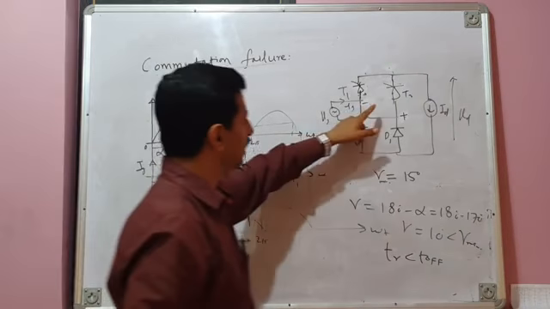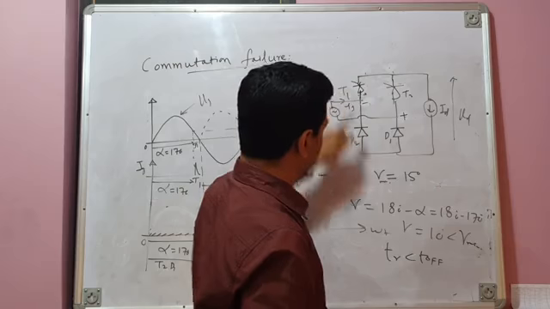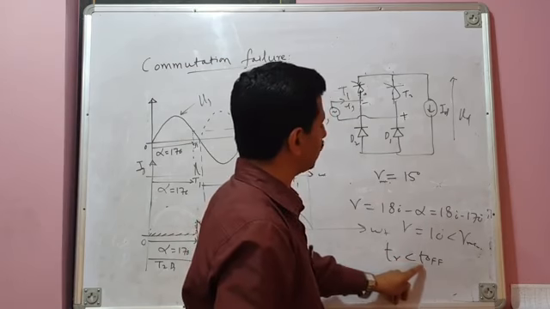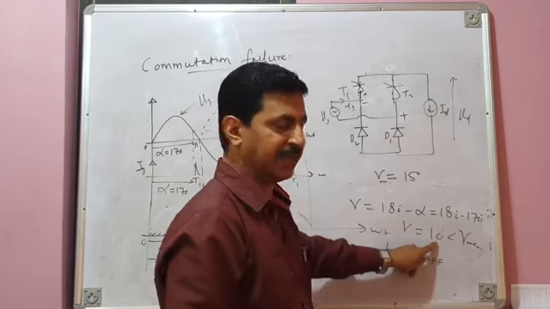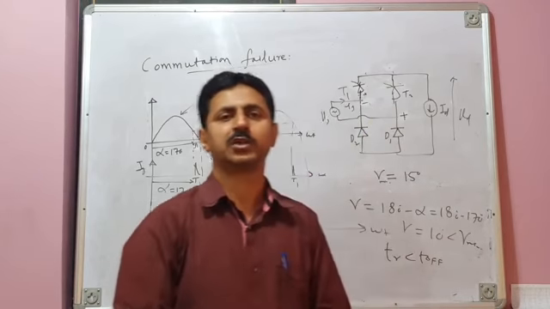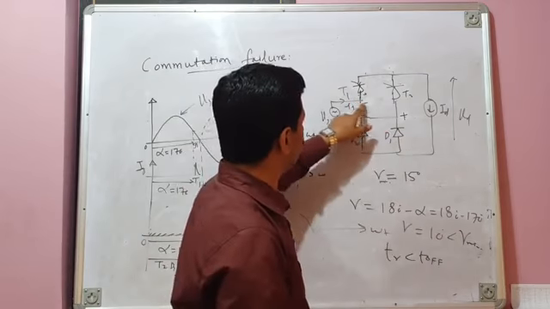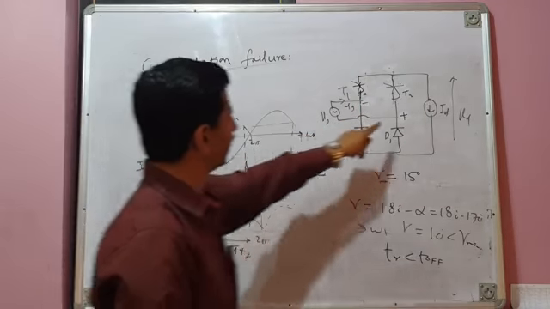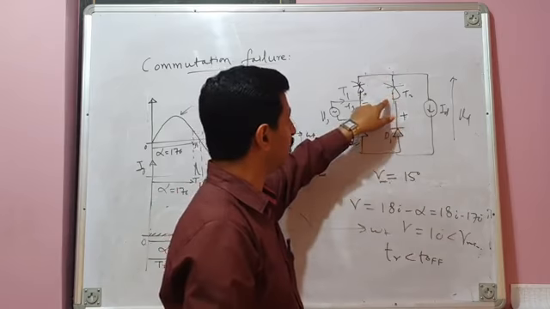But since when T1 was on, the reverse bias across it was applied for a very small period, 10 degrees, which is less than its turn off time, it has not regained its forward voltage blocking capability. And as soon as the negative half cycle of source voltage comes, ये forward bias हो जाता है.